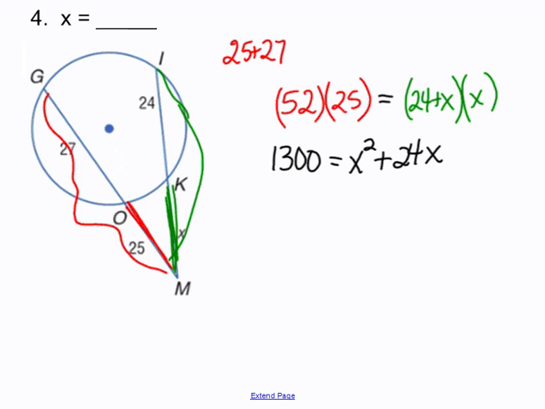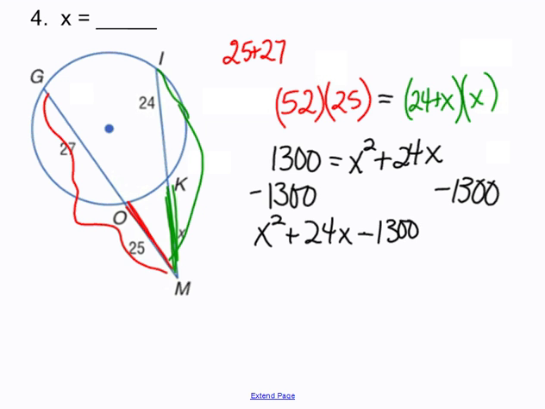You know what that means? This is going to be a factoring one. So I'm going to take 1,300 away from both sides so that I can make it equal to 0. So I end up with x squared plus 24x minus 1,300 equals 0. Then I have to set up my factors. I know that the first term is going to be x, and then I have to figure out what multiplies to 1300 and adds to 24.